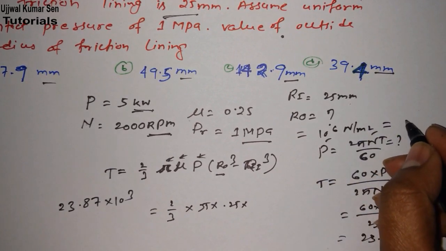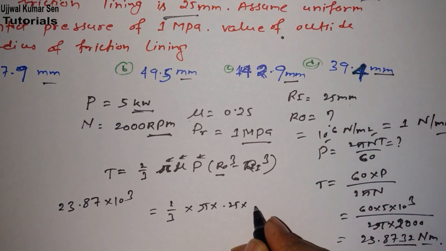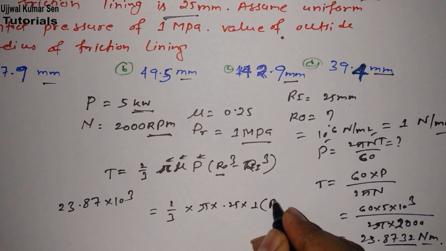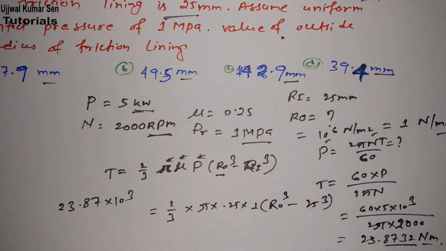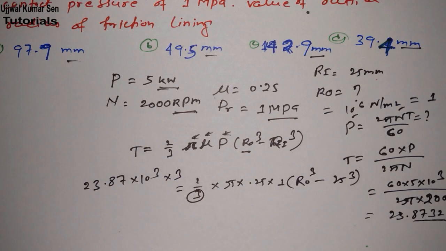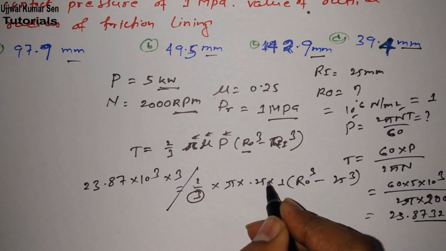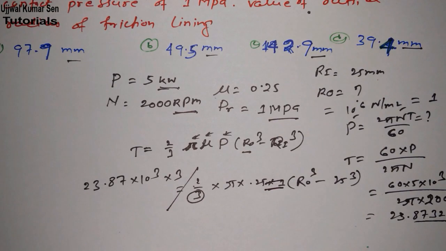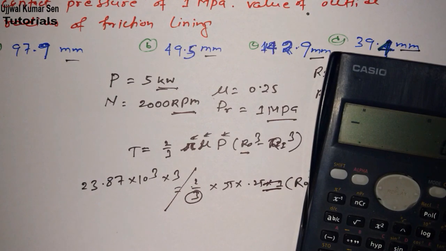If you convert this to mm, then this will become 1 Newton per mm square, so just multiply with 1. Now we have to find out R naught, so let it be like this, and 25 to the power cube. Just send this 3 to this side, so multiply with 3. And we have to get this value on this side. Yes, we can do this, right? So it's a simple way to calculate.